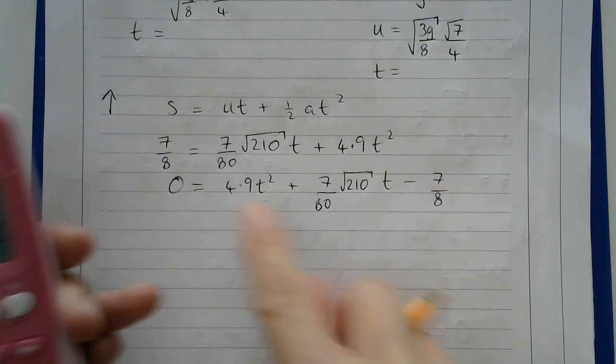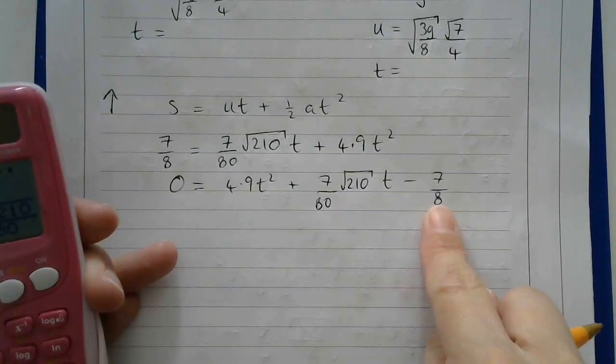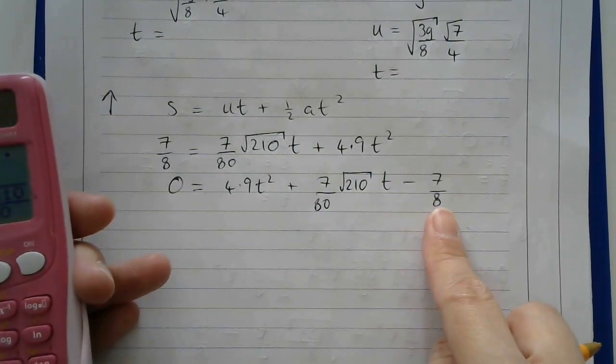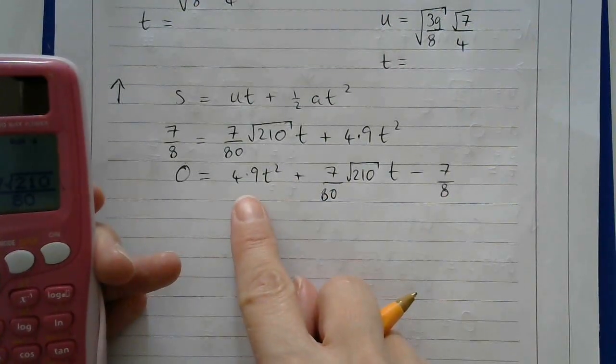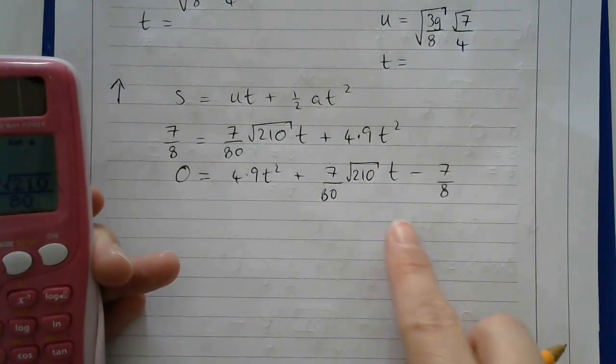So what I'm going to do is just stick these coefficients A, B and C into my calculator memories, and then I can just stick the formula into the calculator.